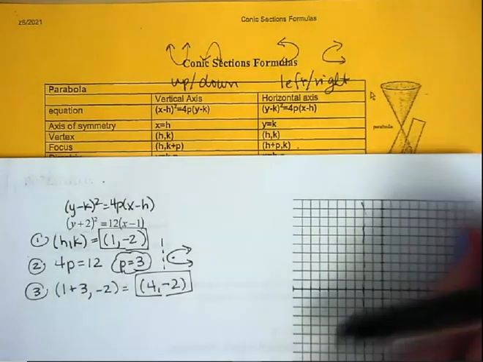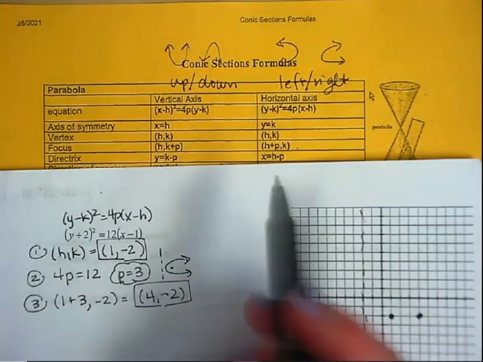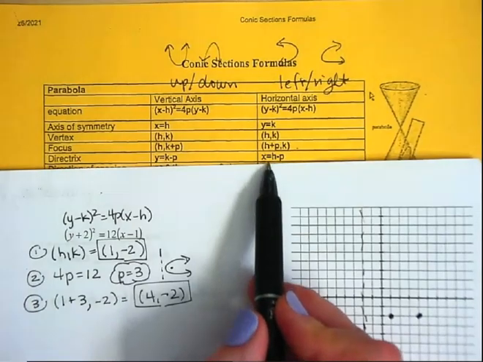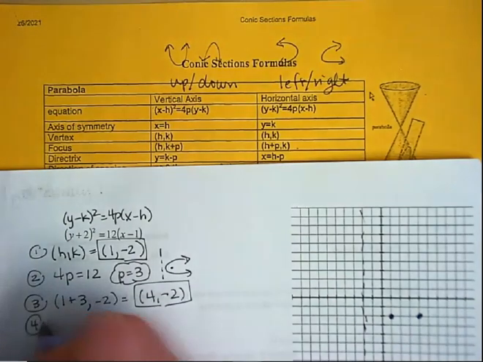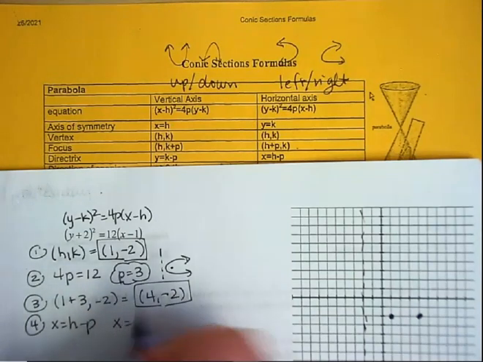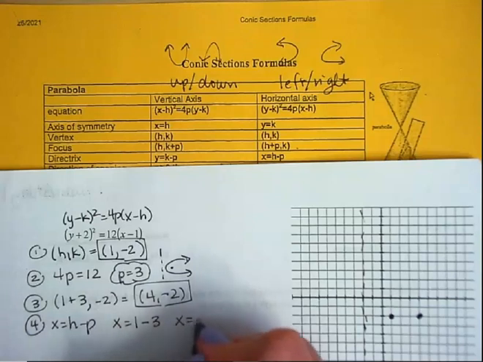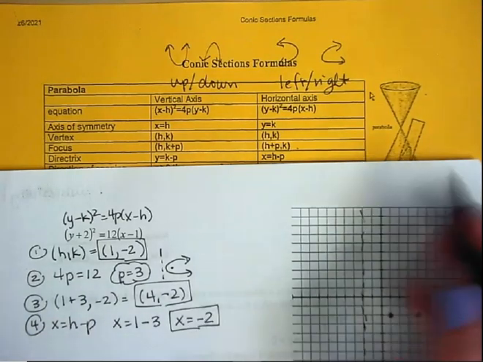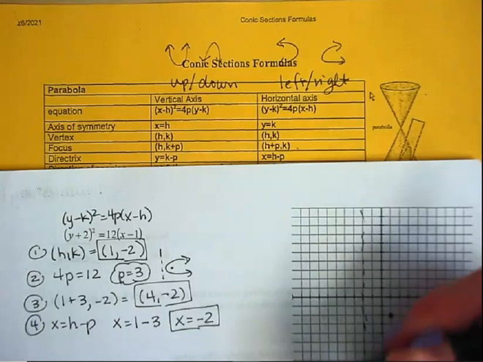You'll notice that's my formula for the directrix: x equals h minus p. Well, h was 1 minus my p-value, which is 3. So x equals -2. That is how you write the equation of a vertical line: x equals a number.